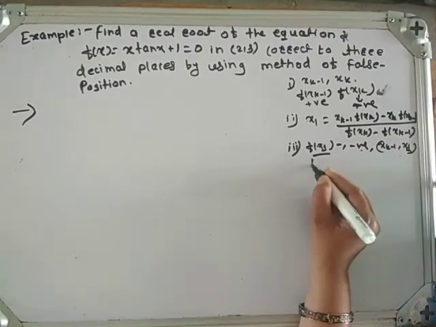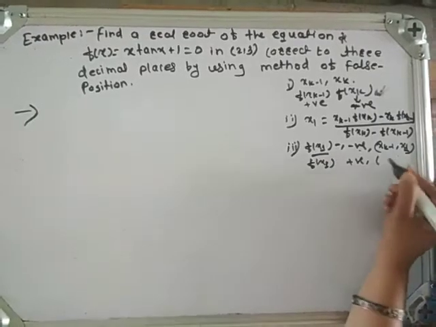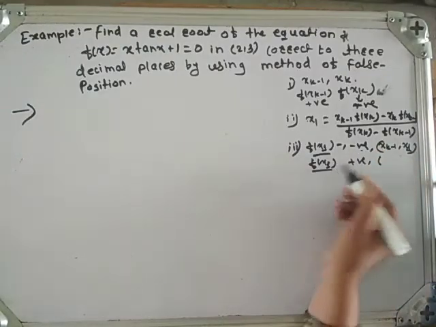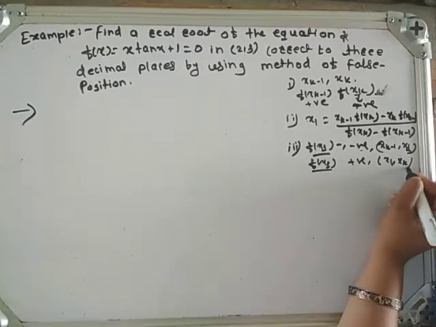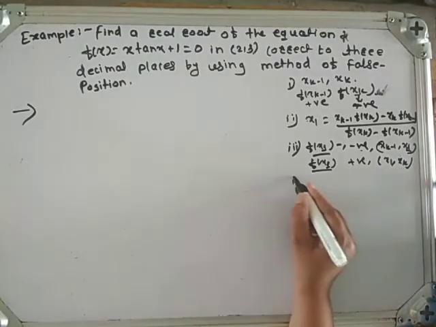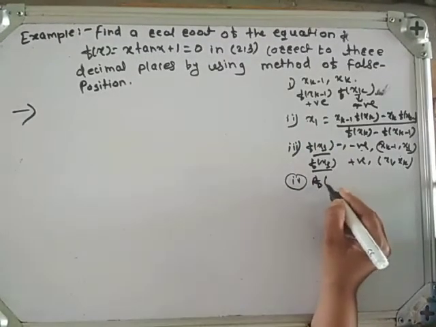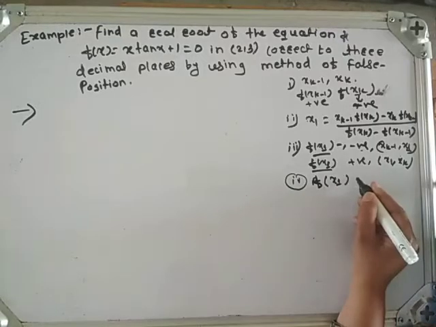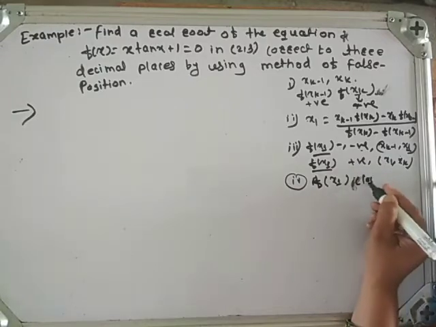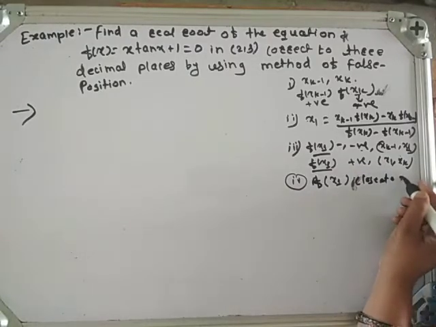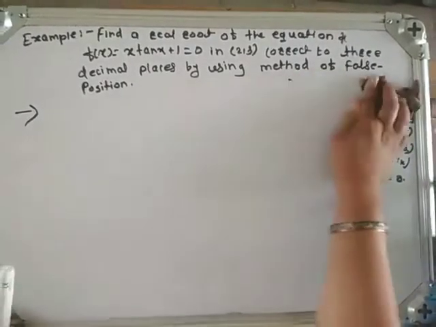And if f(x1) is positive, and f(x_k) is negative, then the root lies between x1 and x_k. The last step is to repeat steps 2 and 3 until the value of f at x1 is close to 0. Now we will see the solution of this problem.